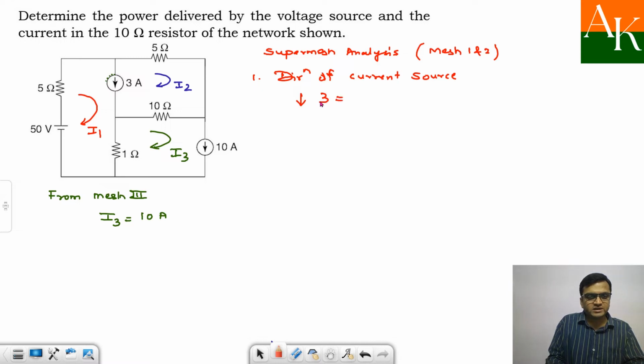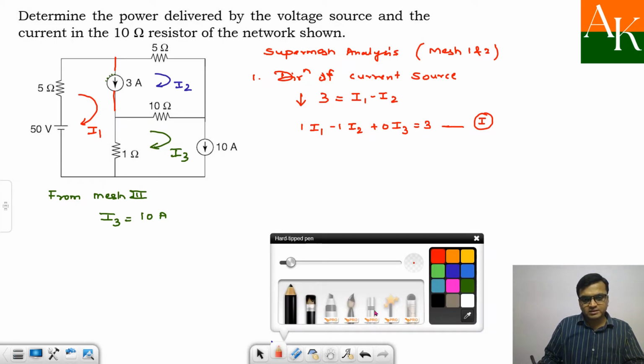So I have to write down the net downward current through this branch. That current is nothing but I1 minus I2. In equation format, this gives 1I1 minus 1I2 plus 0I3 is equal to 3, and this is my equation number 1.